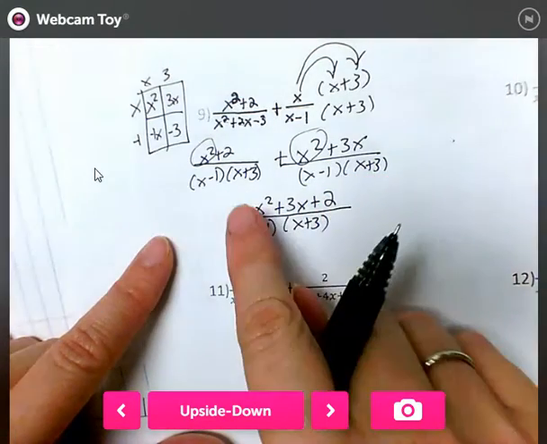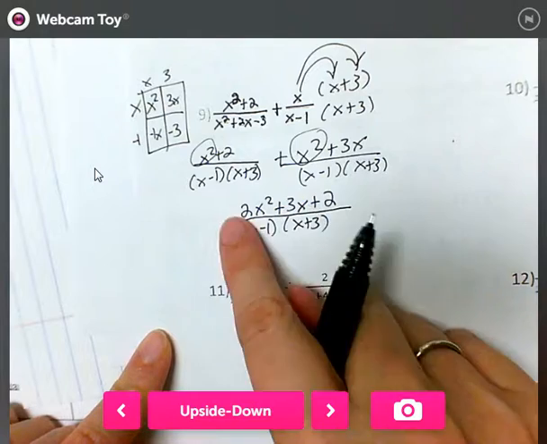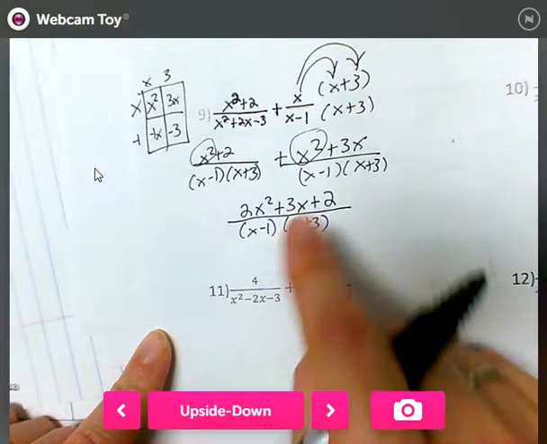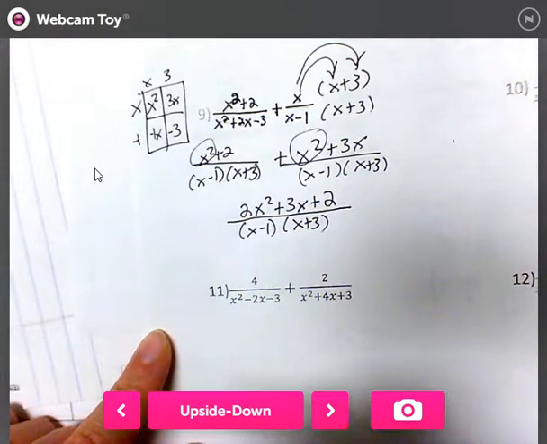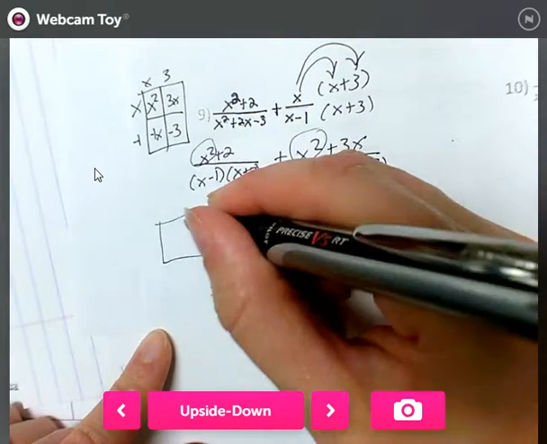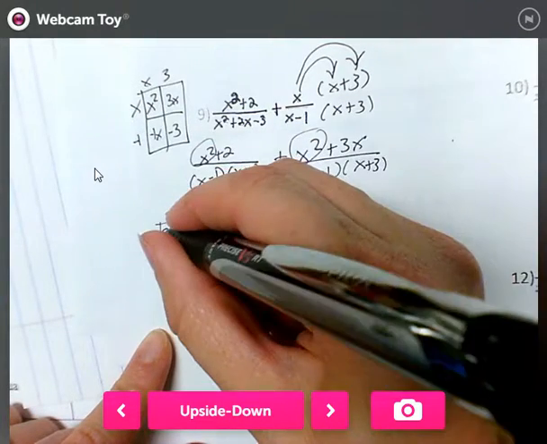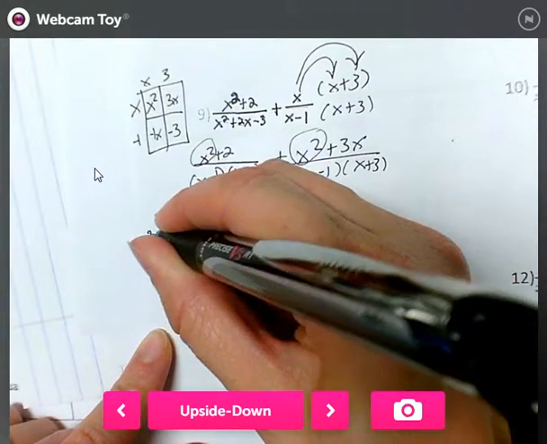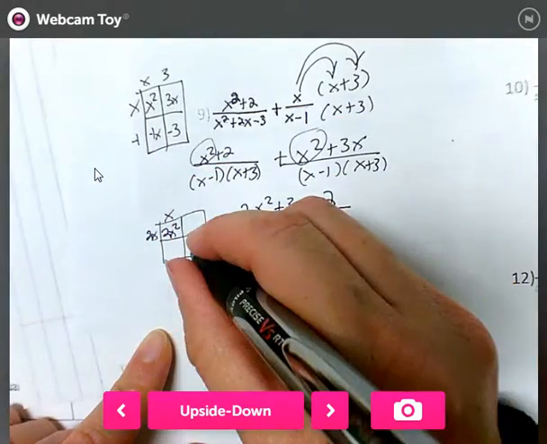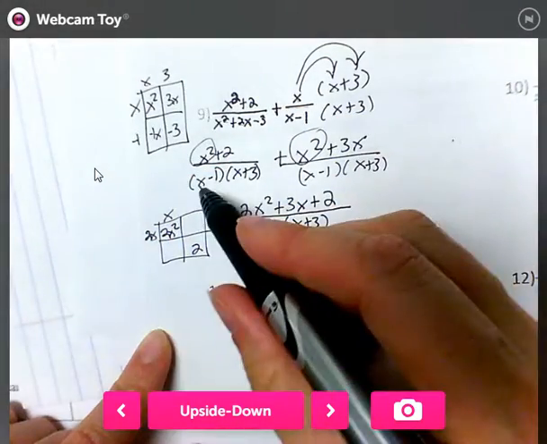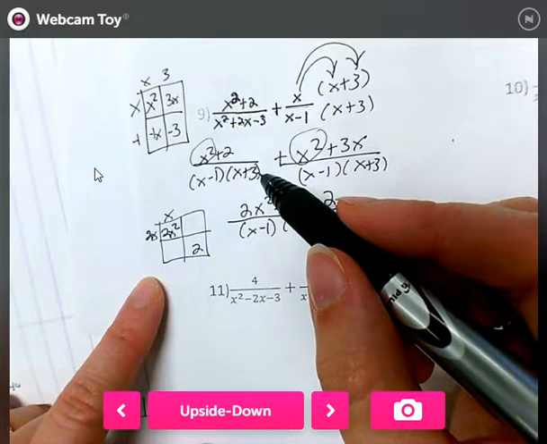Now, I see that this is factored up here, like possibly I could factor this. So I'm not going to spend a lot of time on it, but I might try to see if that factors. We've got 2x squared, so I know one is 2x and one is x. And this has got to be 2, so I know this has to be 1 times 2.